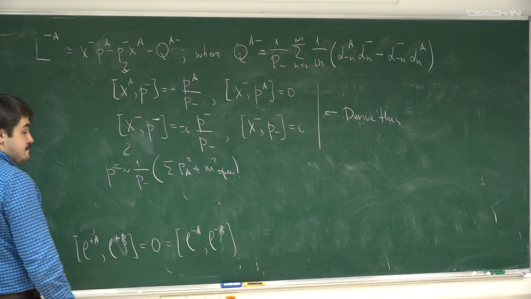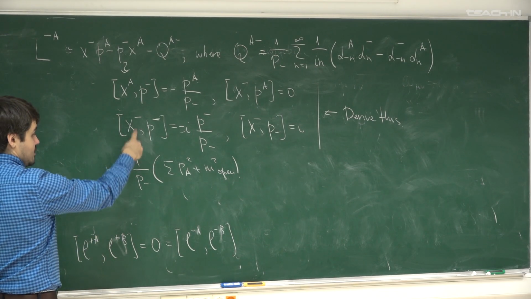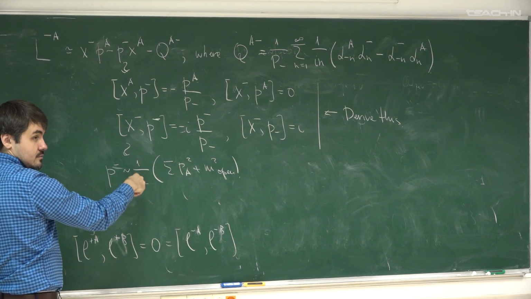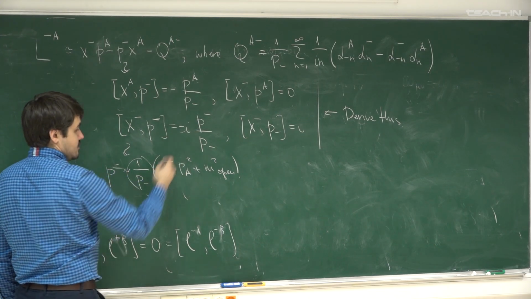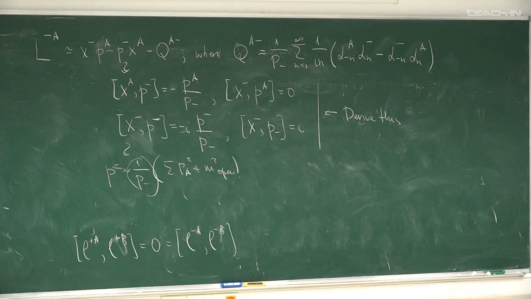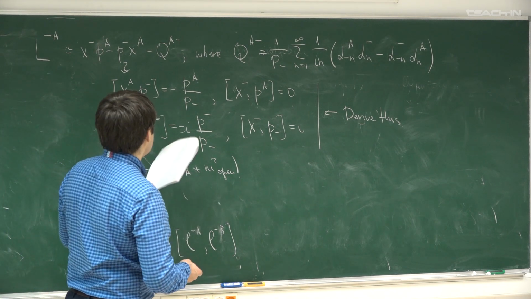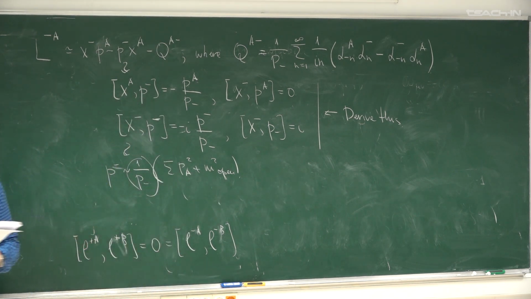When you commute with x minus, this differentiates this piece here, and because of this there are some ordering ambiguities.